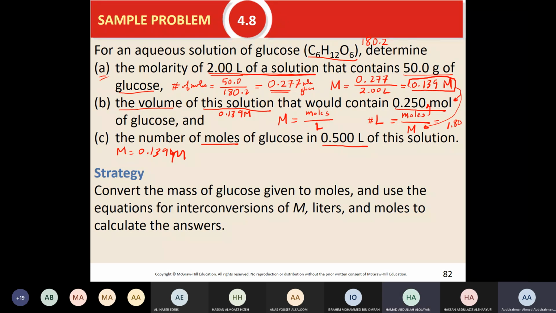I know that molarity equal to moles over liter. So if I want moles, multiply by liters. Moles equal molarity times liters. Give me answer. 0.069.